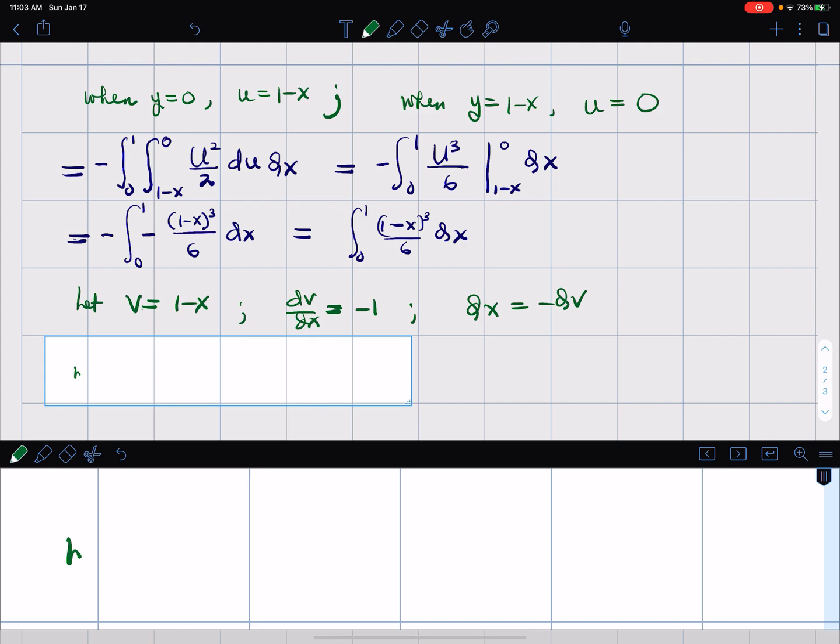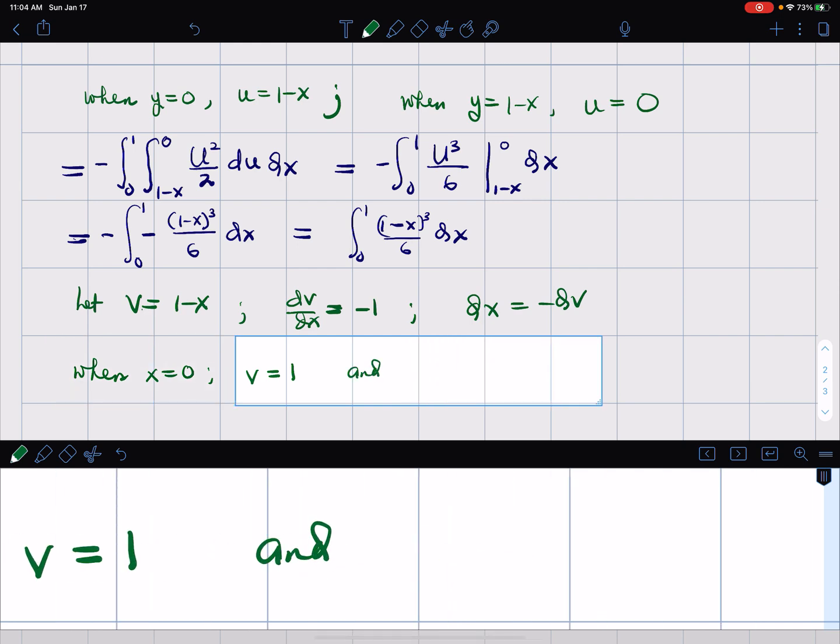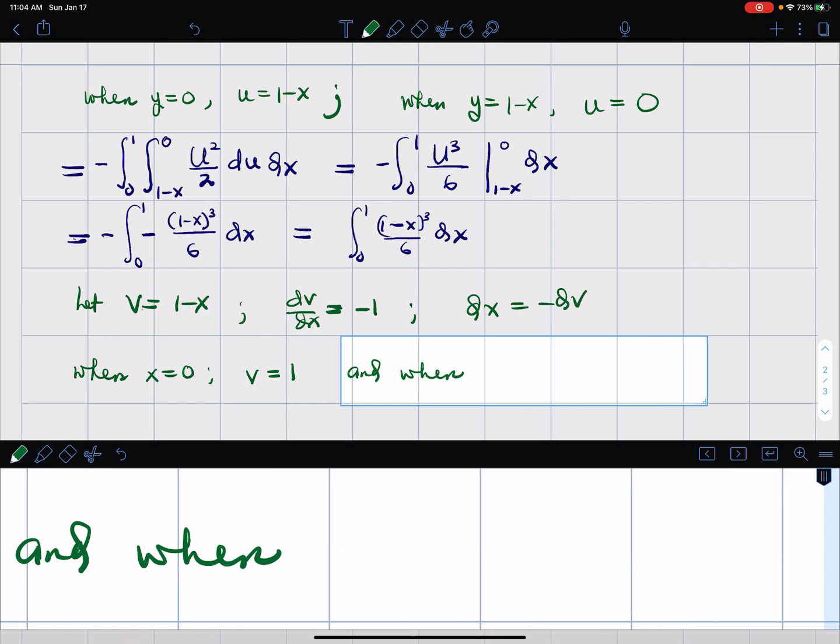All right? When x is equal to 0, v is equal to 1, right? V is equal to 1. And when x is equal to 1, v is equal to 0.